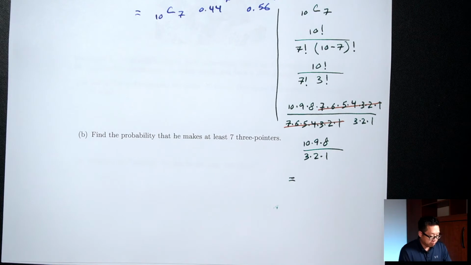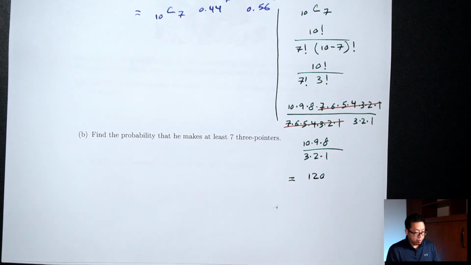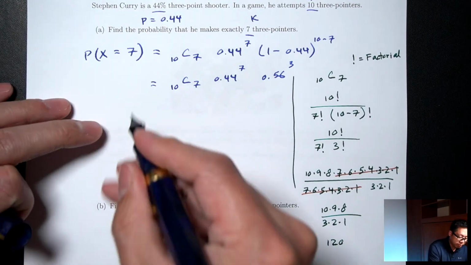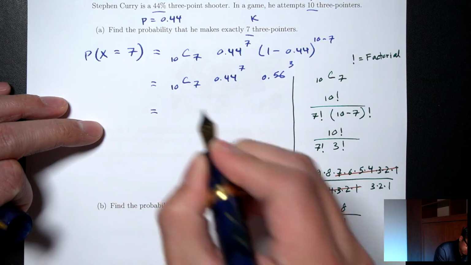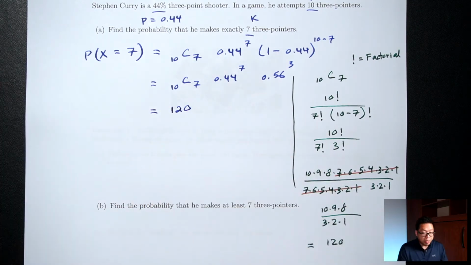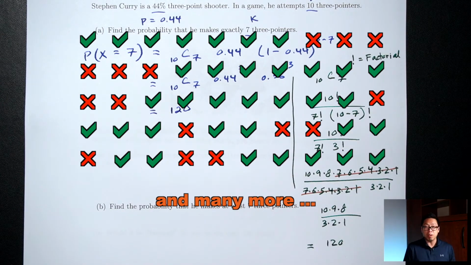I get 120. Okay, so this 10 choose 7 is 120. So there's 120 different ways that we can choose the 7 places out of the 10 where he's making it.